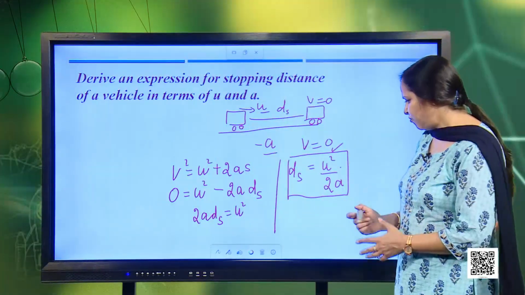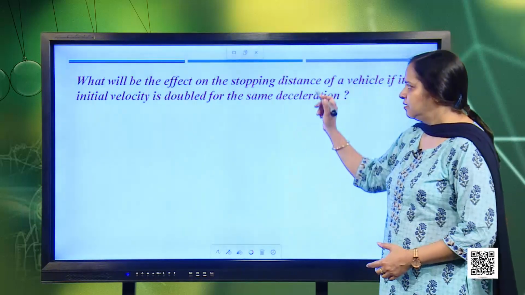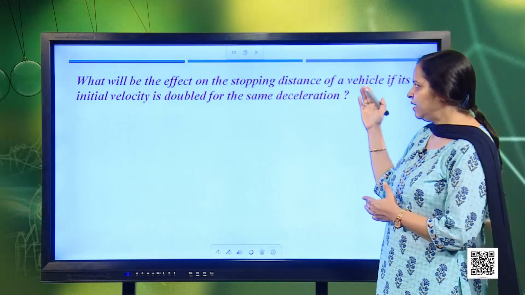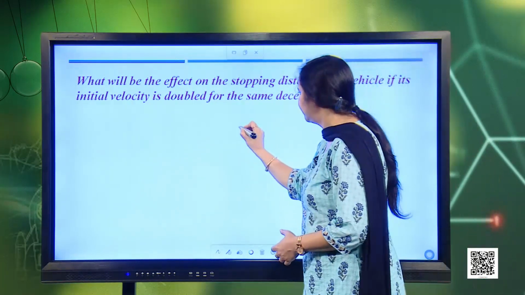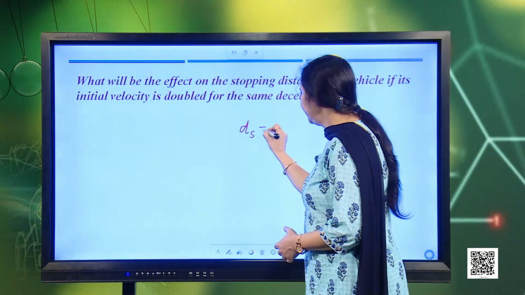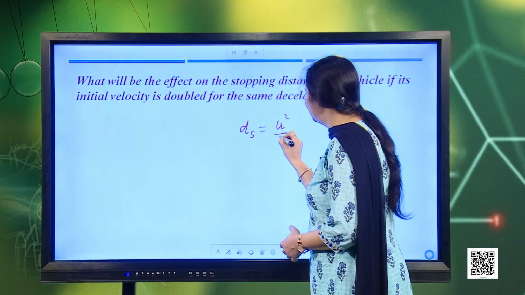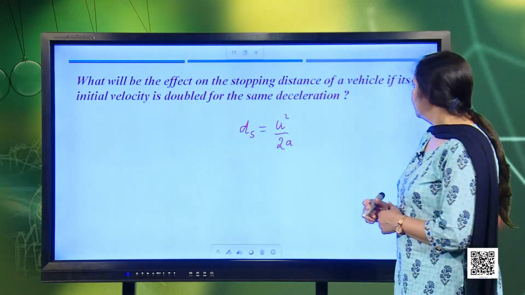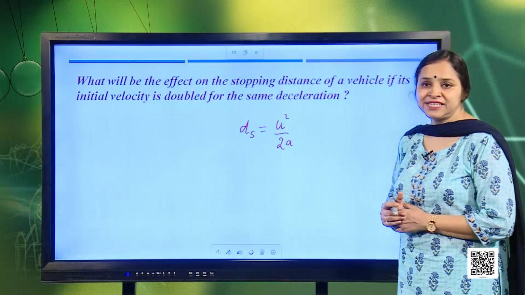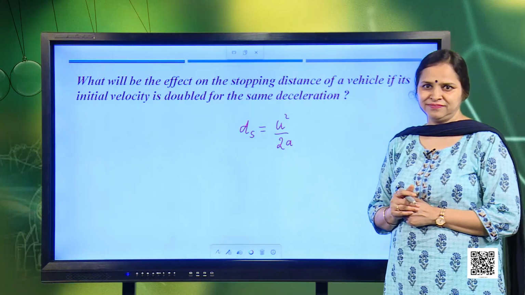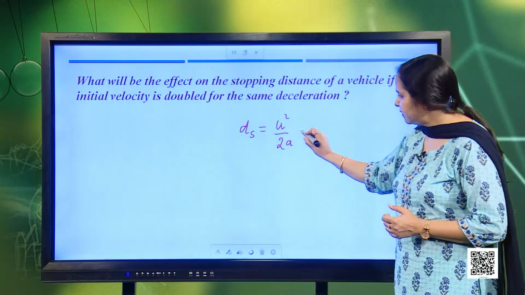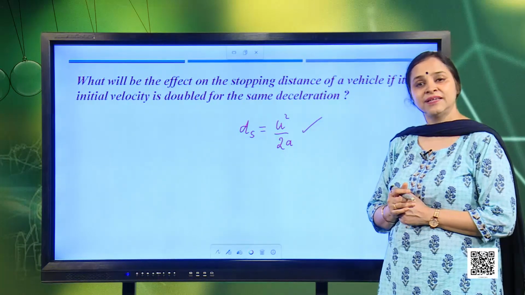Now let us see what we have learnt in this. Let's find out what will be the effect on the stopping distance ds, which is equal to u square upon 2a, of a vehicle if its initial velocity is doubled for the same deceleration. Can we apply the same equation to solve it? Yes.